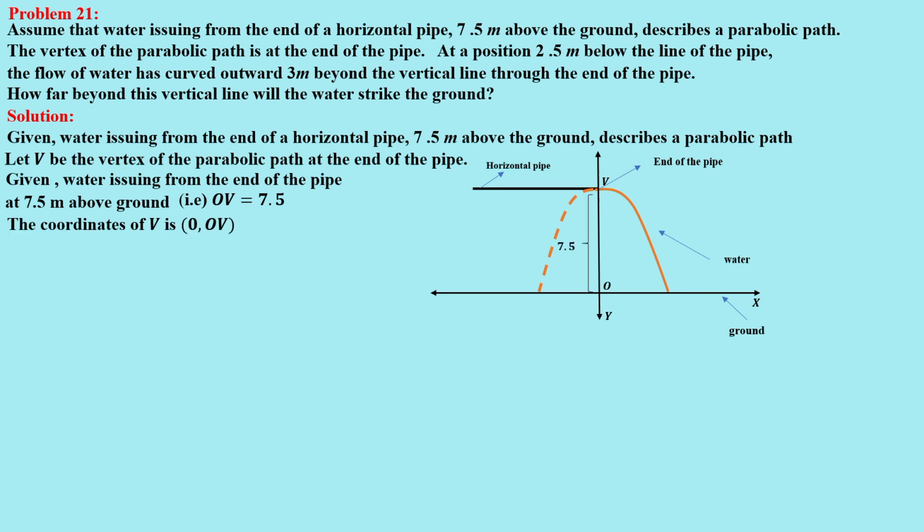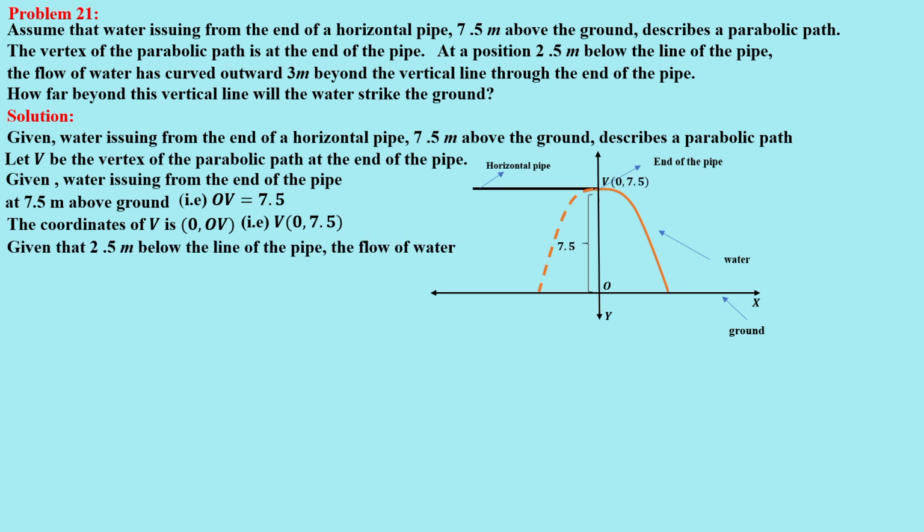The coordinate of V is (0, OV), because V is on the y-axis, so the x coordinate is 0 and the y coordinate is OV, that is nothing but 7.5. So the coordinate of V is (0, 7.5).